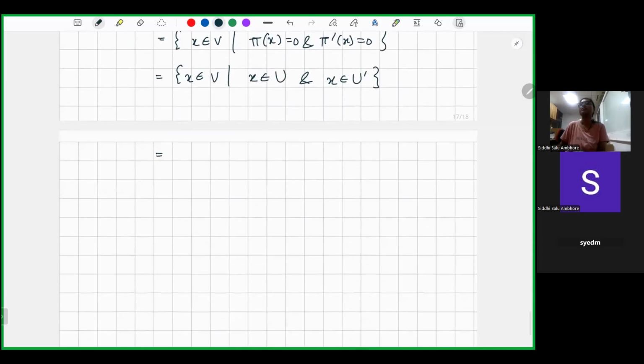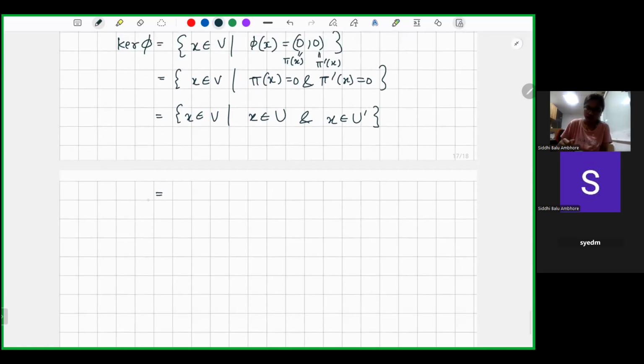Therefore, this kernel of phi is all those x such that x is in both U and U dash. So this becomes U intersection U dash, right?